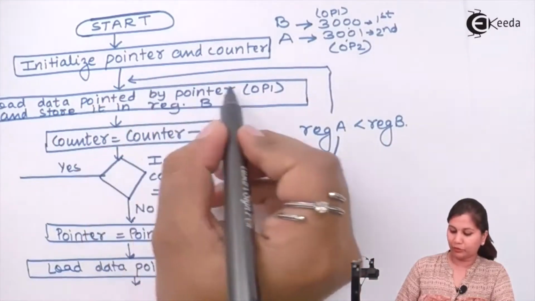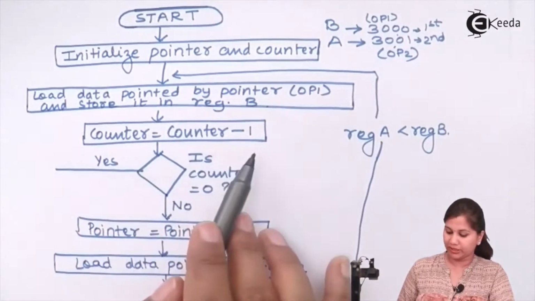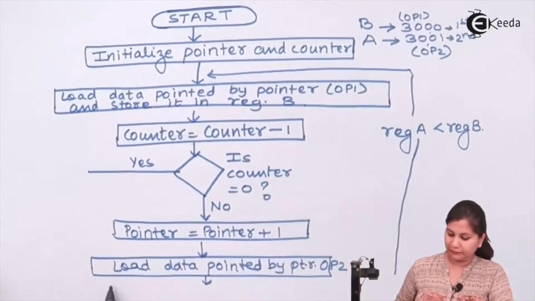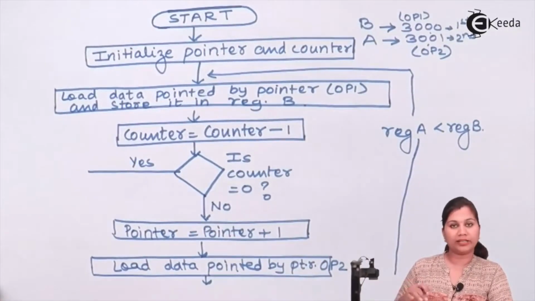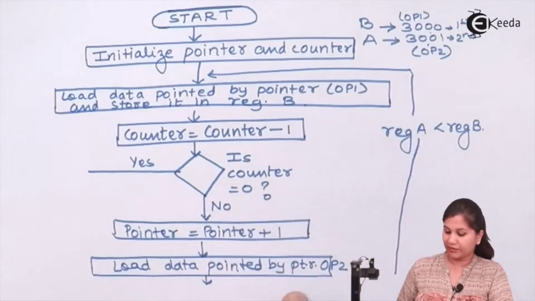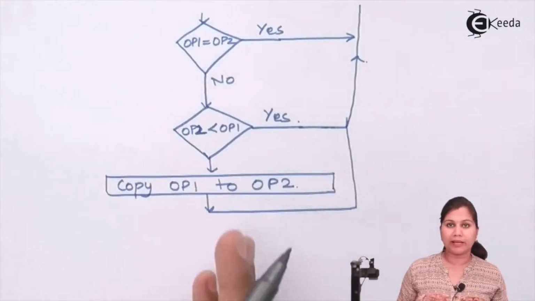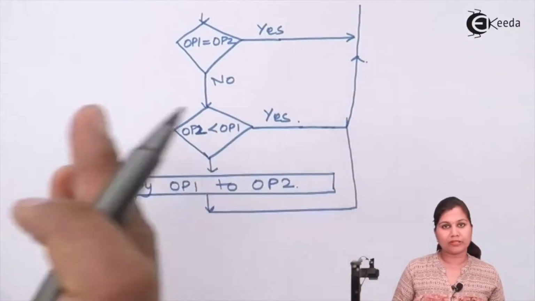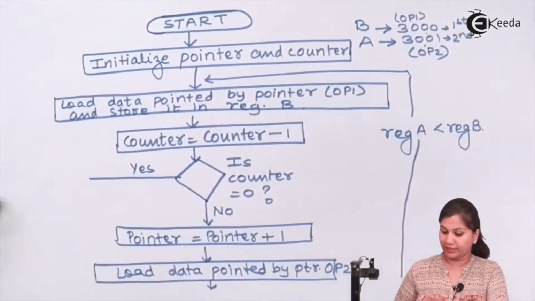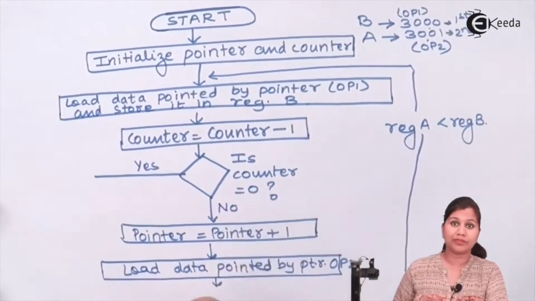Again, the data will be loaded in register B, the counter is decremented, the pointer is incremented, and the data pointer means again the number will come in register A and register B, and again the comparison will be done. The same process will be repeated again and again until this counter has become 0.